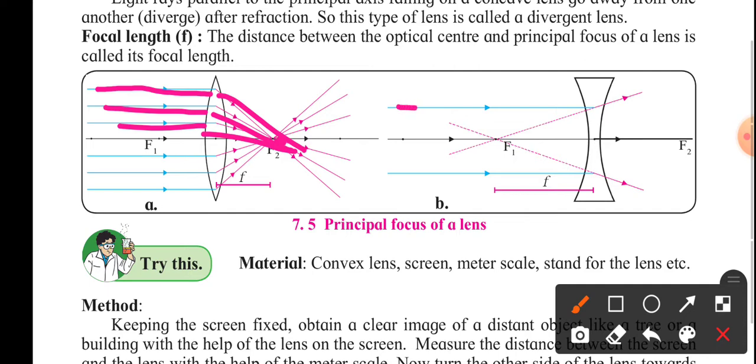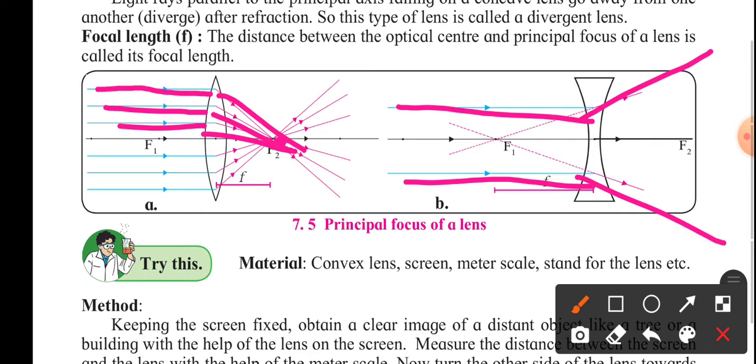When we talk about the concave lens, the light rays diverge, going away from each other. So we extend them backward, and the point where they appear to meet is called the focus of the concave lens. This is the concept of the principal focus.